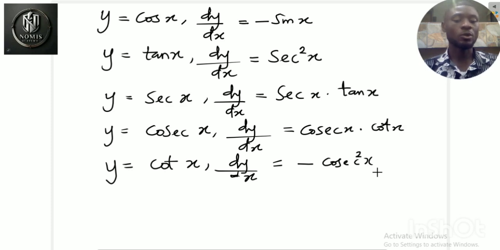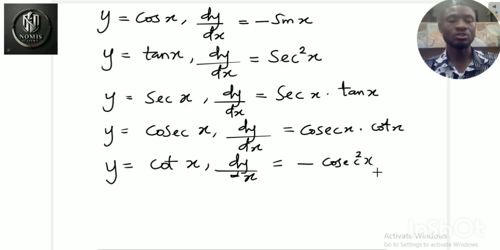If you differentiate cosec x, you will have minus cosec x multiplying cot x. If you differentiate sec x, you will have sec x multiplying tan x. If you differentiate tan x, you will have sec squared x. If you differentiate cos x, you will have minus sin x. And if you differentiate sin x, you will have cos x. So I believe you have grabbed that in your memory.